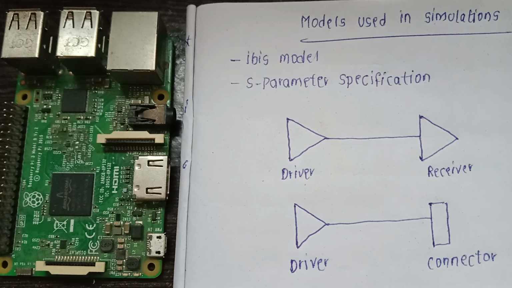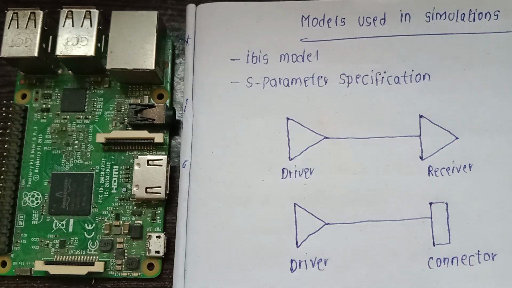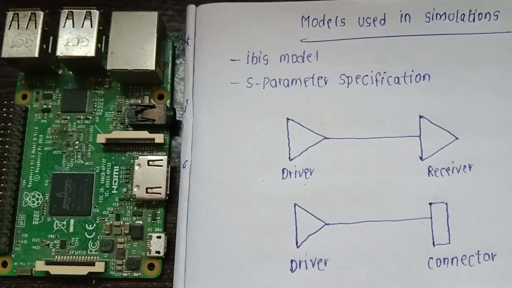One of the important aspects of high-speed signals is that it is very difficult to analyze their performance just by calculations, because we have to understand the transmission line parameters and the buffer characteristics of the ICs which are transmitting the high-speed signal.